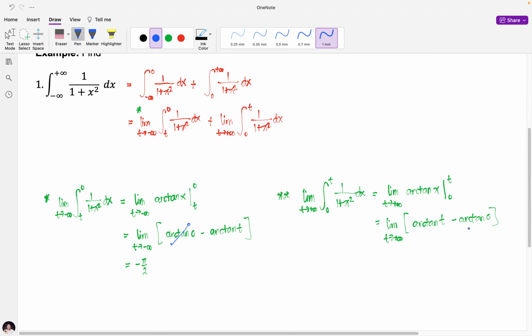Again, arctan of 0 is just 0, and as t approaches positive infinity, the value of the function will approach positive pi over 2.